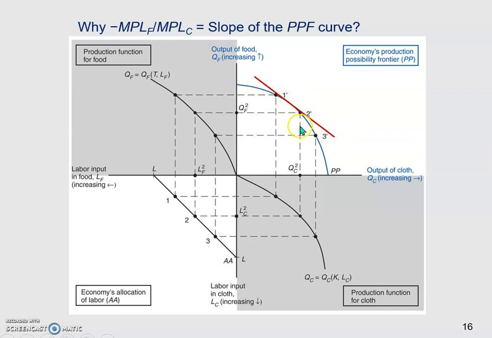The slope. Now, what we need to do is move this red line a little bit towards the left so that it passes through point 1 and point 2.